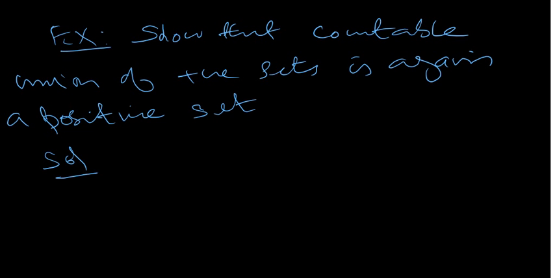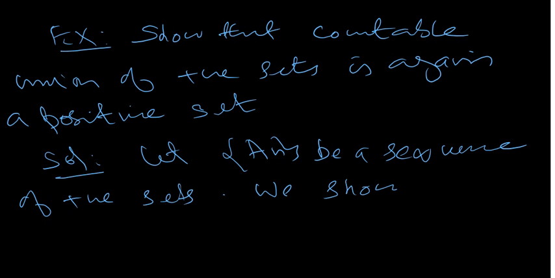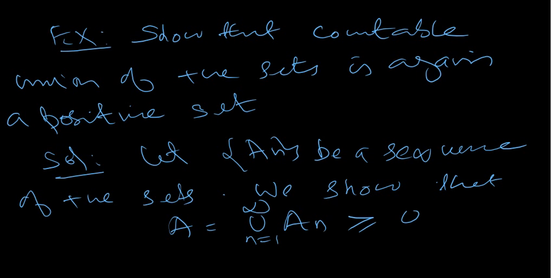Solution is very simple. Let An be a sequence of positive sets. We show that their union A, which is the union of An as n runs from 1 to infinity, is also a positive set, that is, A is greater or equal to 0.